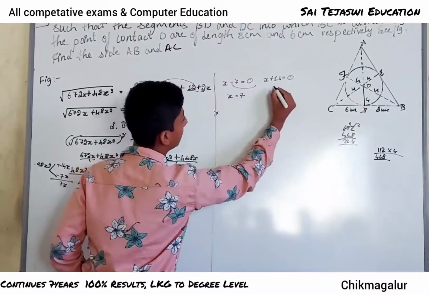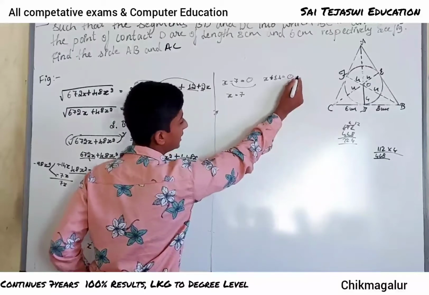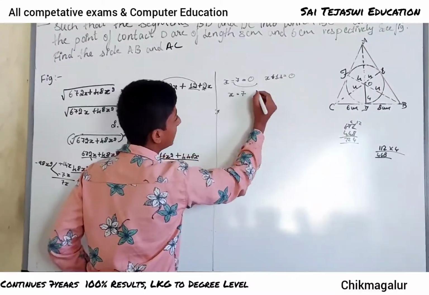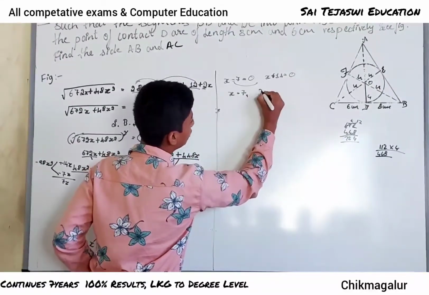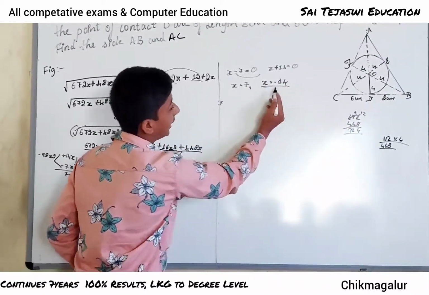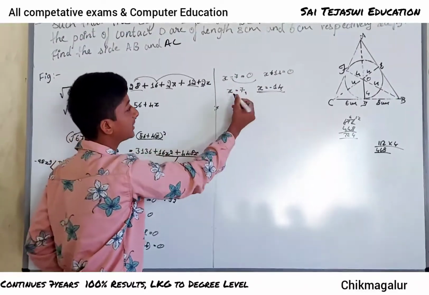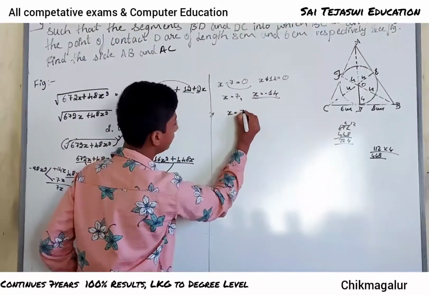So x is 7. And the plus 14, when it crosses the equals symbol, becomes minus 14. So x is 7 and x is minus 14. We will not take the value of minus 14 in the triangle. We can't take that. So we consider x equals 7.